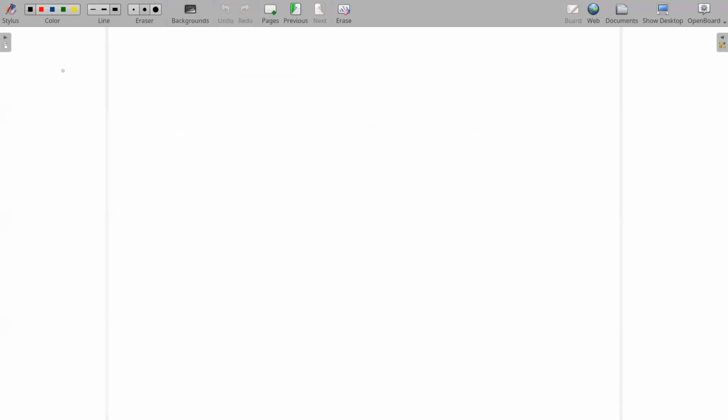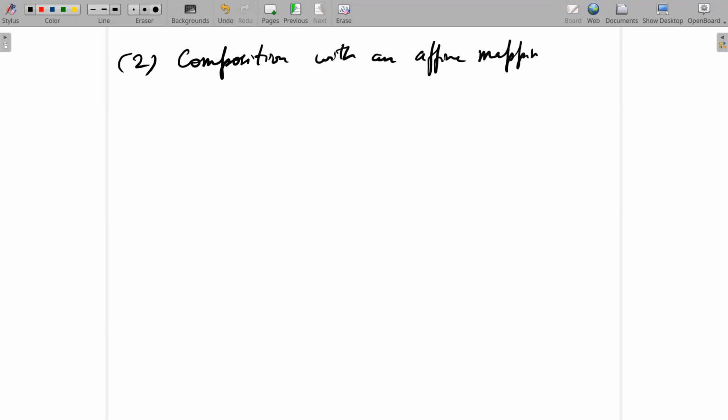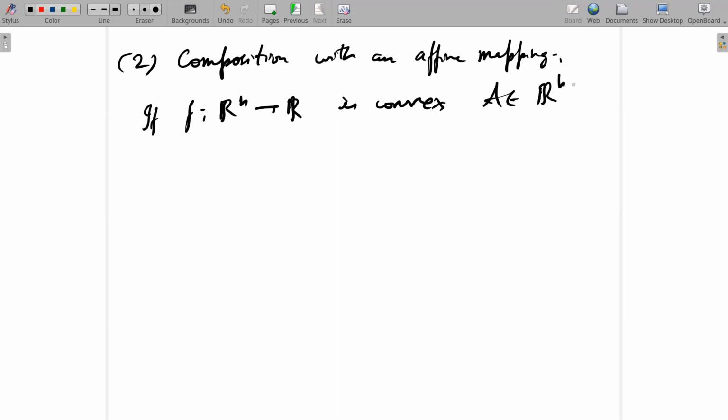All right. And the second way is composition with an affine mapping. So now suppose f is a map from Rn to R, which is convex, defined on all of Rn, and A is some matrix in R^(n×m), and b is some vector in Rn.